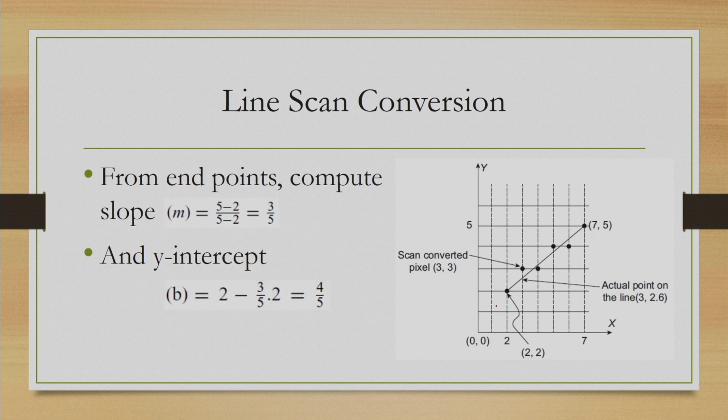Now, our objective is to compute the y values for successive x values. For that, we require the line equation which involves computation of the slope m, which in our case turns out to be this, because we know the two endpoints we can compute the slope, and also the y intercept value.